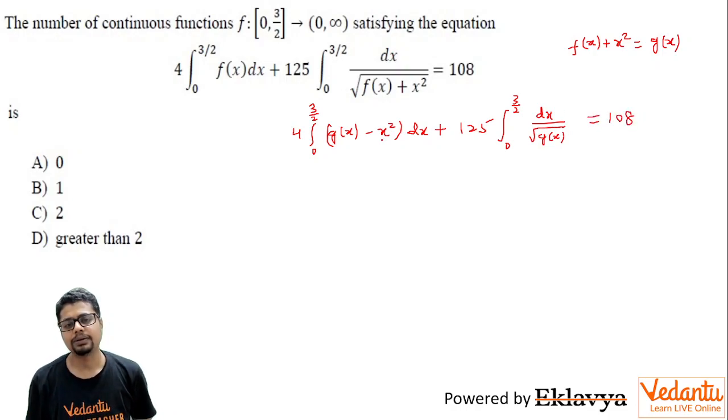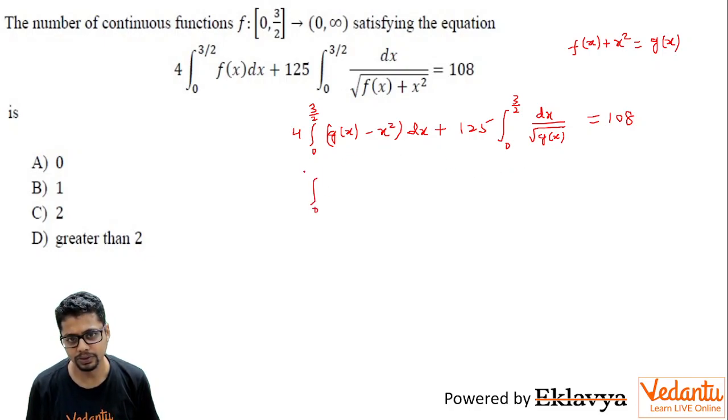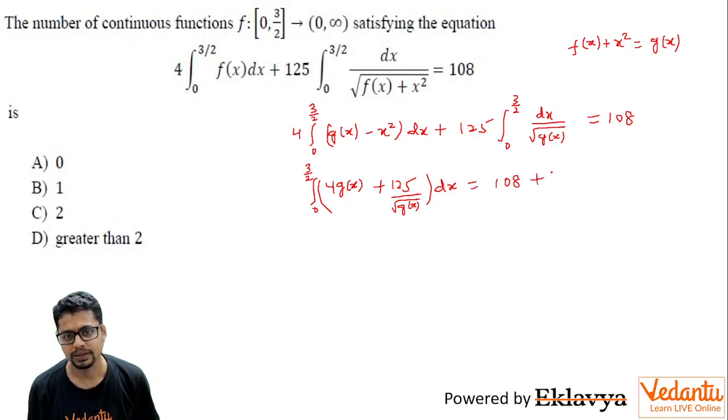So this x square you can take on the right side, and what you get is the integral from 0 to 3/2 of 4 times g(x) plus 125 by root g(x) dx is equal to 108 plus 4 times the integral from 0 to 3/2 of x square dx. Now this is x cube by 3.